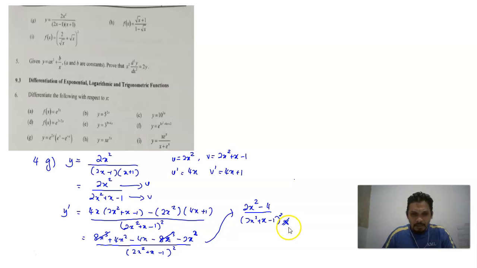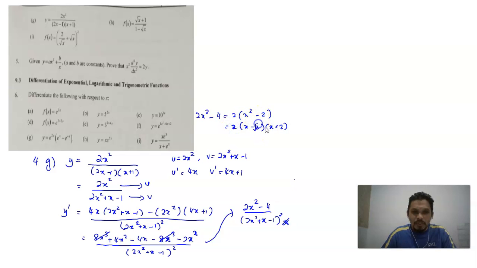Okay, is that it? I think so. Wait a minute. 2x squared minus 4, which is 2x squared minus 2, then (2x minus 2) and (x plus...) 2x squared and then minus 4.